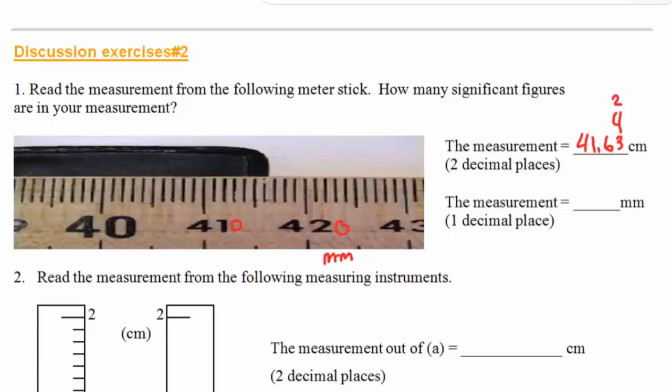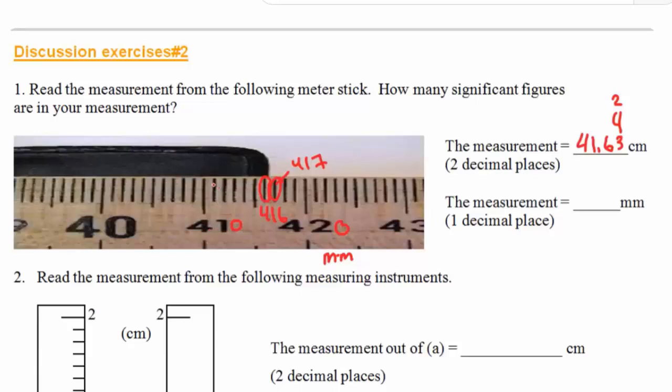The end of this object is somewhere between 416, this would be 416 millimeters, this subdivision here, and 417, this one will be 417 millimeters. So it's somewhere between 416 and 417 millimeters, because each subdivision here represents 1 millimeter.